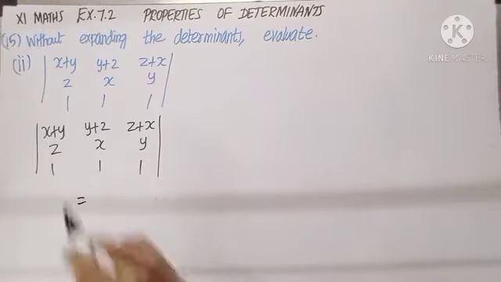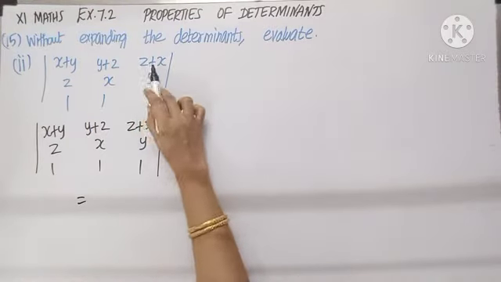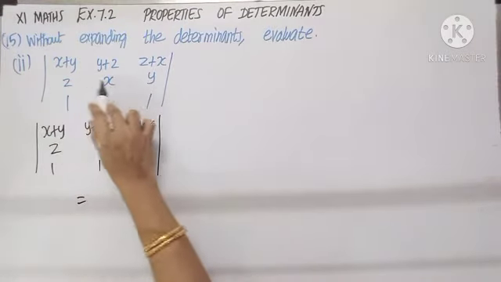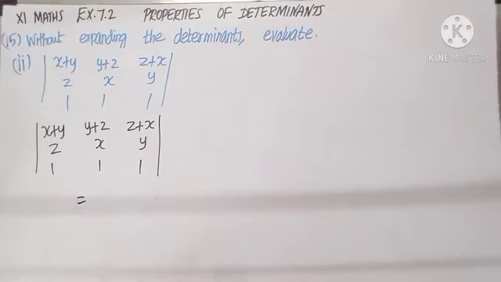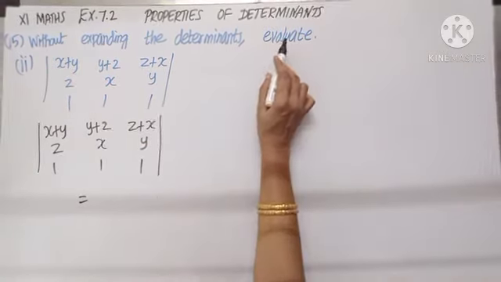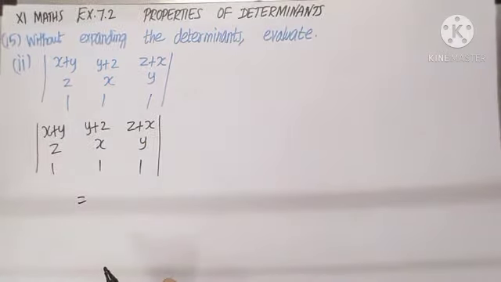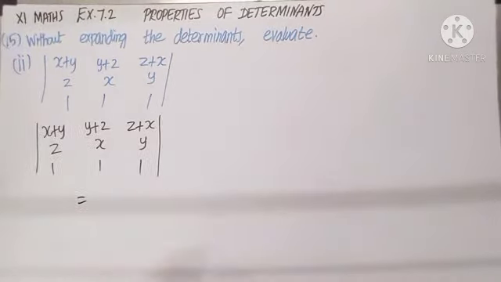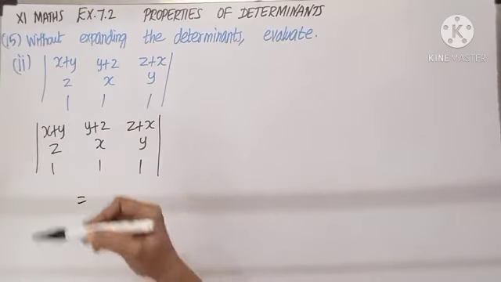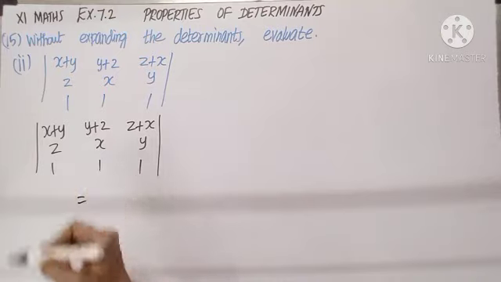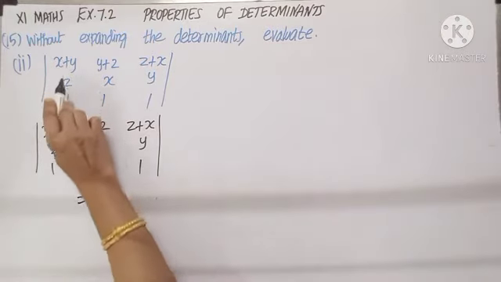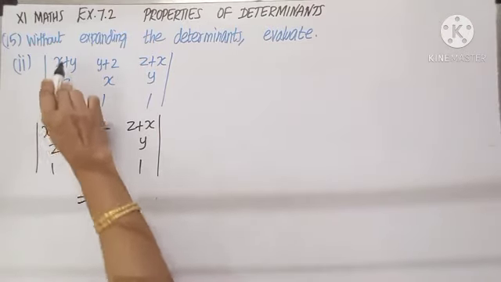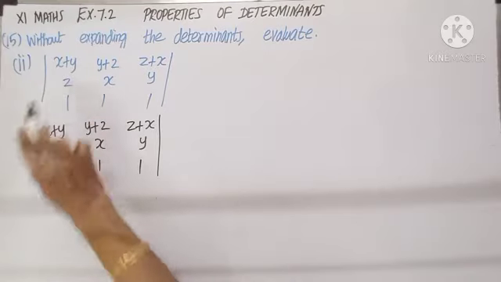Second subdivision: x + y, y + z, z + x, second row z, x, y, and third row 1, 1, 1. To evaluate without expanding, we can check whether any two rows are identical. No. Is anything common? No. So try to make something common. Here x and y are there, z is missing. If I add, this becomes x + y + z.